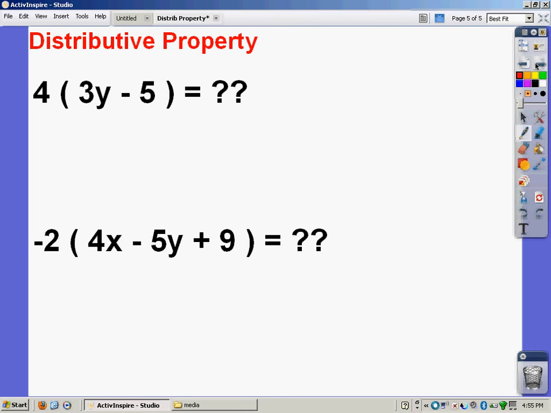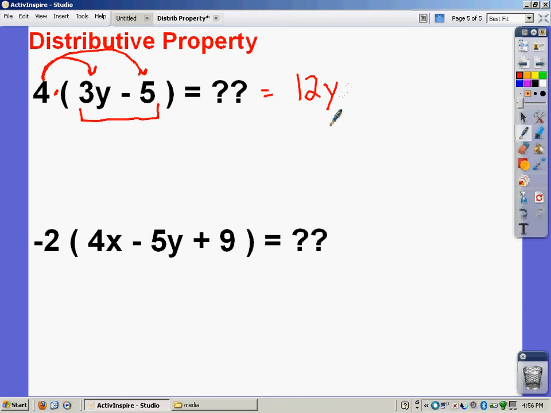So in this particular case, we have a problem 4 times the quantity of 3y minus 5. Think of it as that one box or one group. The way we do that is we apply this 4 times this number and then 4 times this number. So what is 4 times 3y? Well, that's 12y.